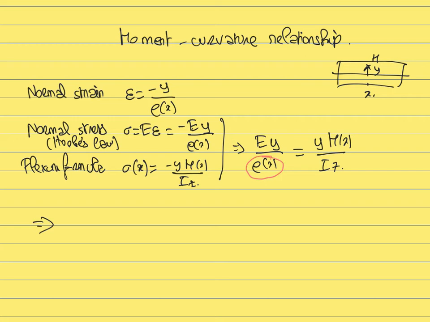What we want here is the curvature of the beam. This is the second derivative of the beam's deflection, and we said previously that this second derivative is the inverse of the radius of curvature.